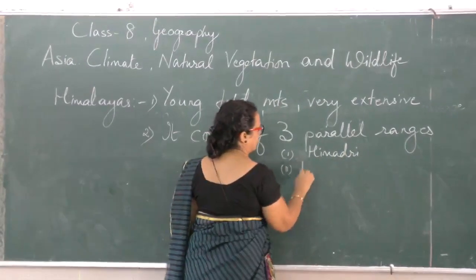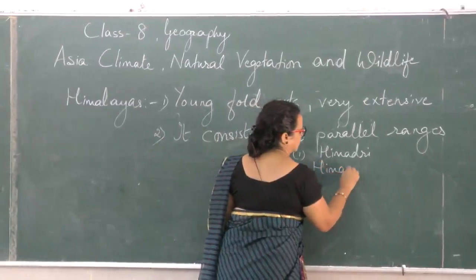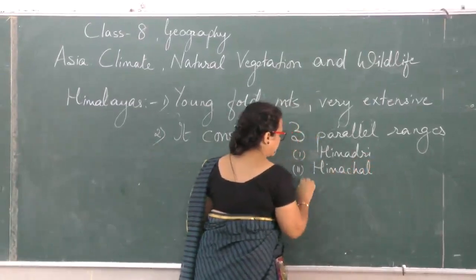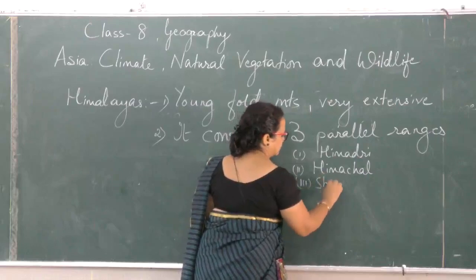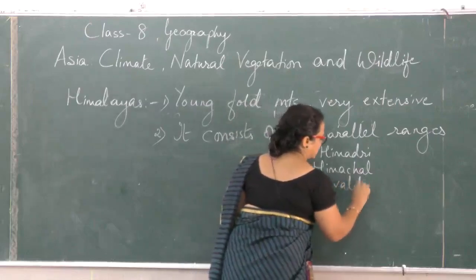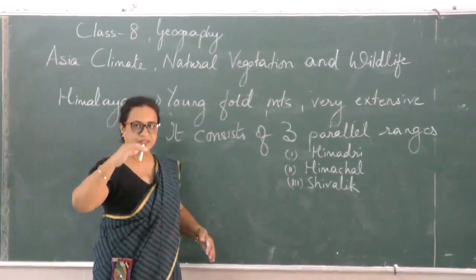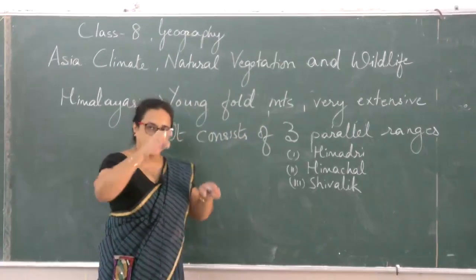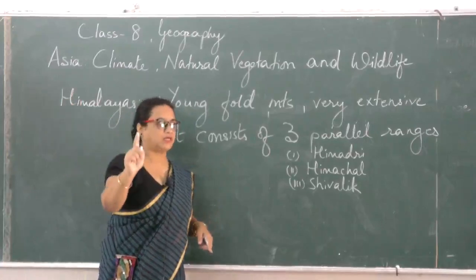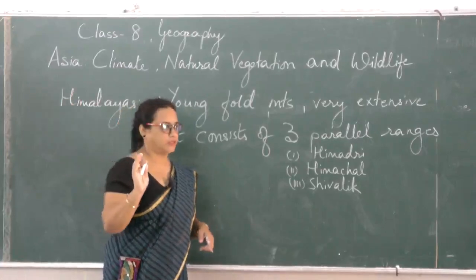Second one is Himachal. And the third one is Shivalik. This is in height order arrangement. Clear? 3 ranges, one after the other like that they are. And range means chain of mountains, not a single mountain but a chain of mountains.